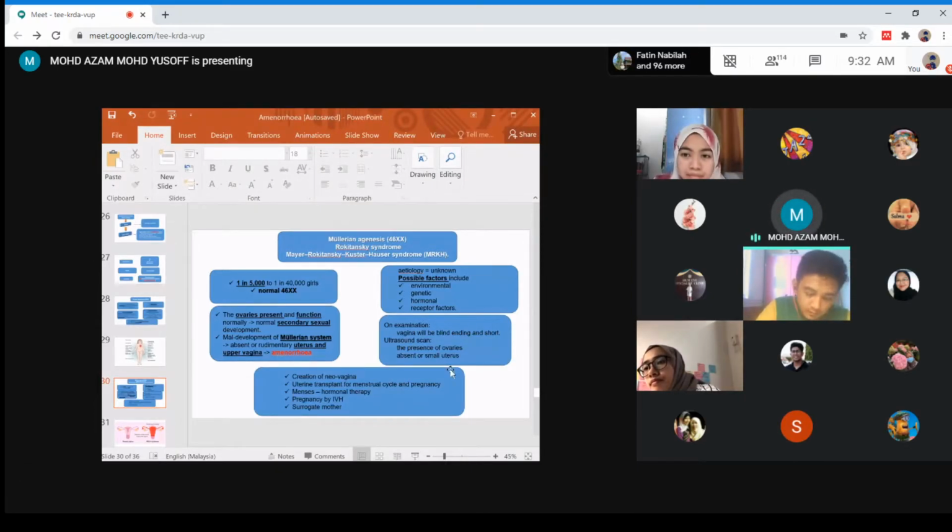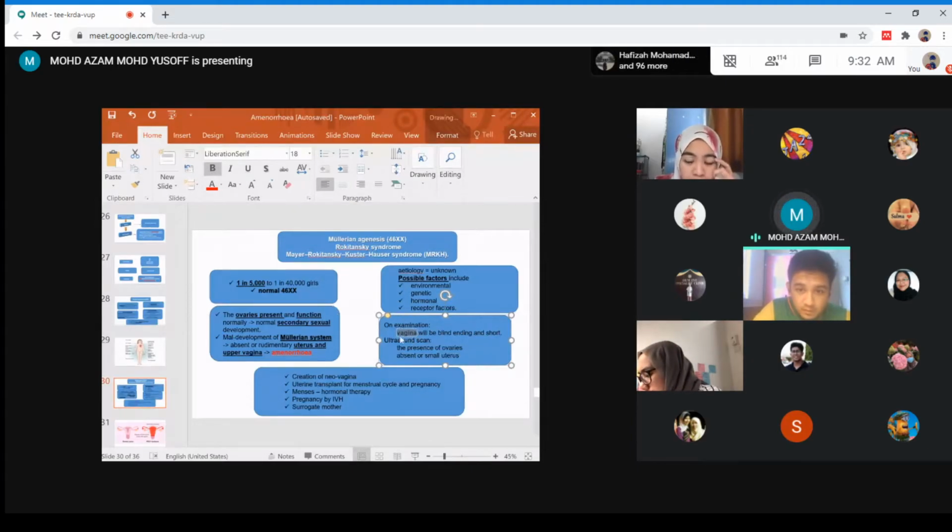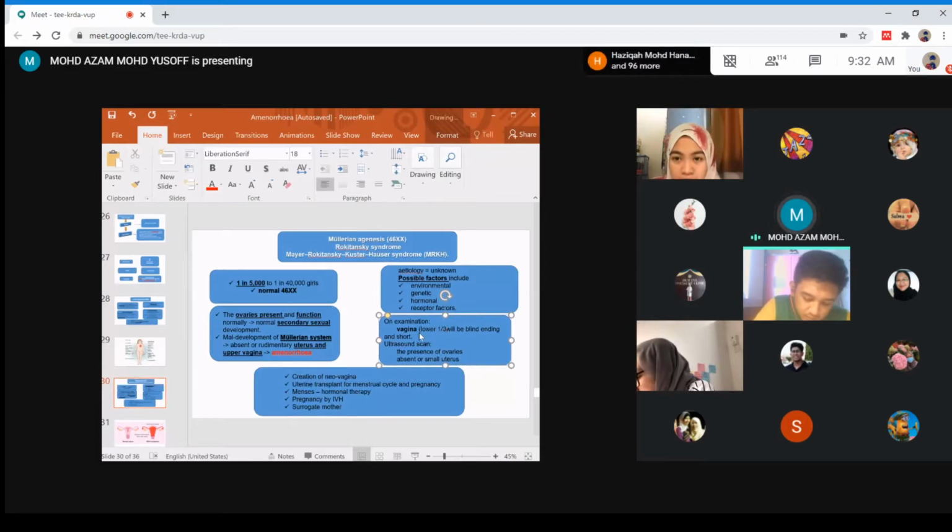Okay, so on examination, what do you find? You find this patient has a vagina, because it's the lower 1/3 of vagina.